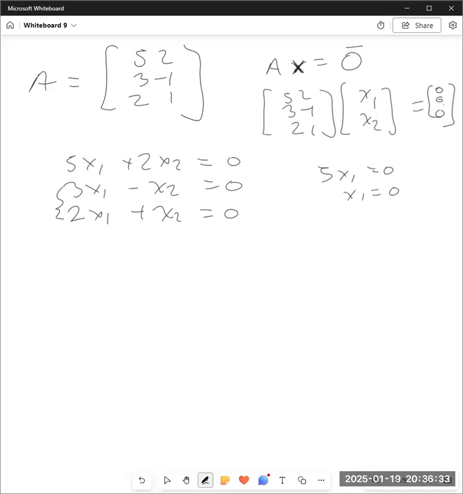If x1 is 0, then x2 has to be 0 here, and so that gives me 0, 0. There are no parameters for this. It's specifically just 0, 0. That was number 35.